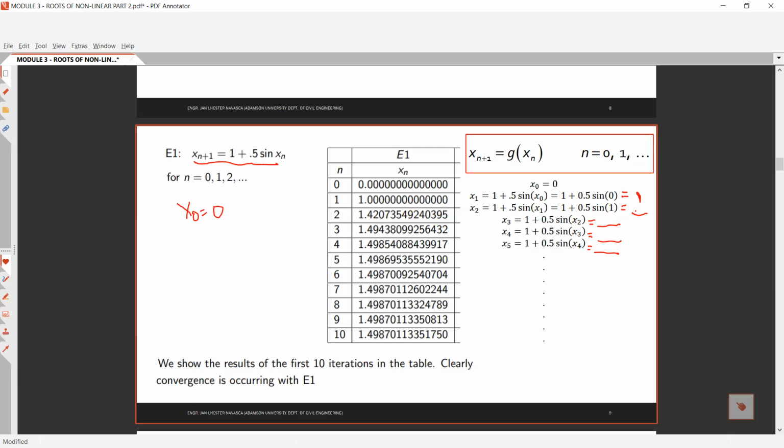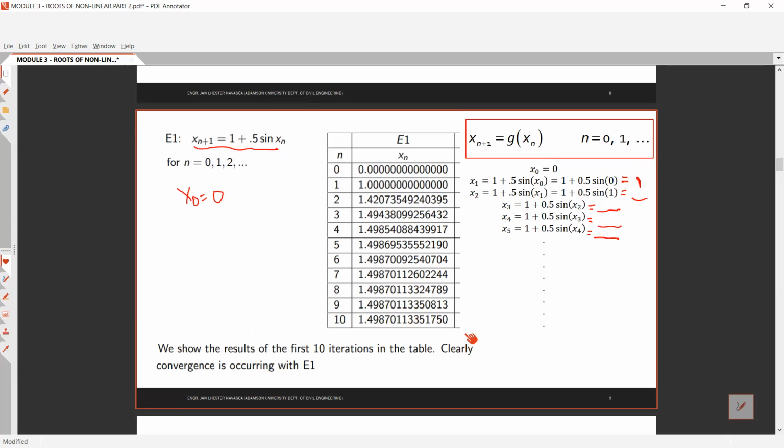For this one, the answer is 1.4207. Then you substitute it here, then you get 1.49. Then also this one, you have your 1.498, etc. Until the value converges or falls within our tolerance.